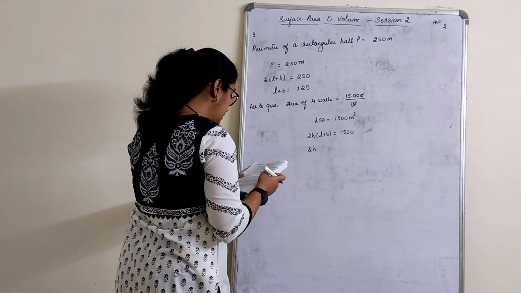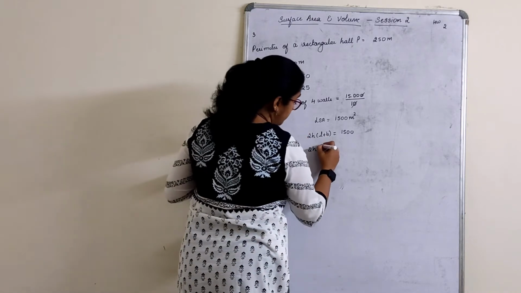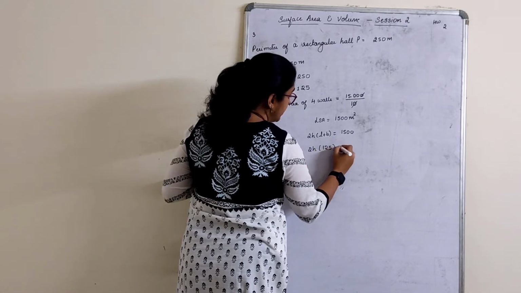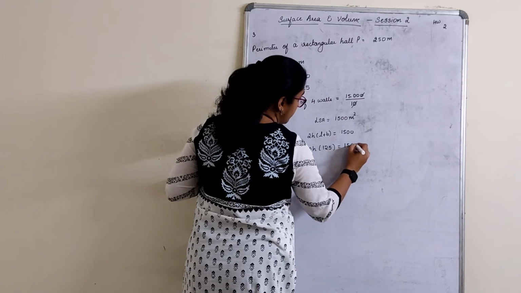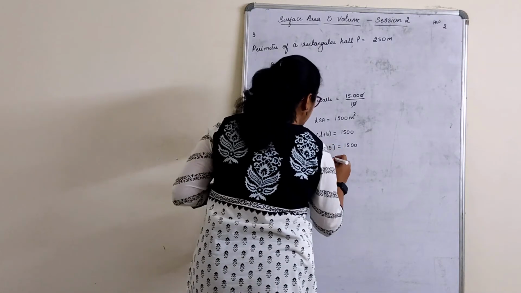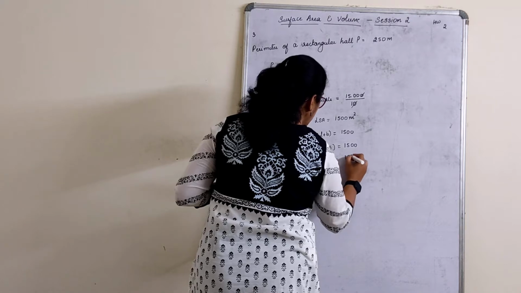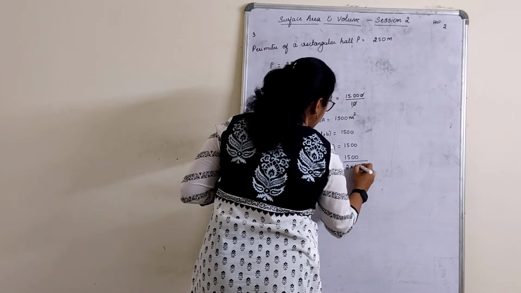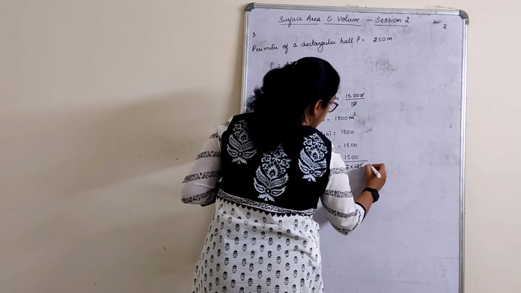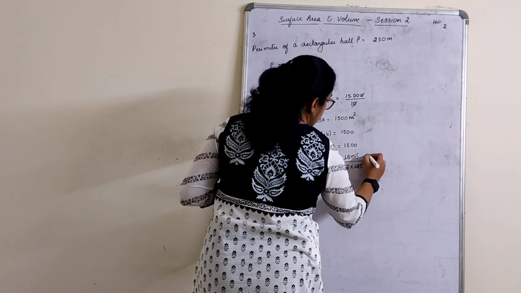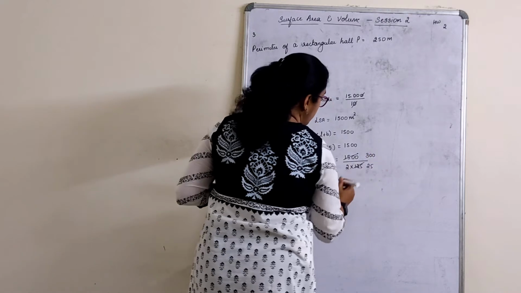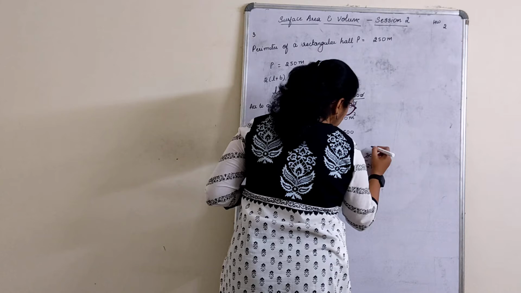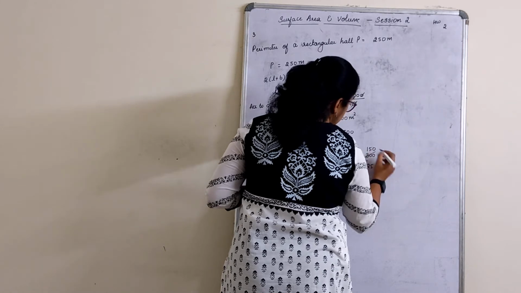2h, what are we supposed to find here? Height of the wall. Of L plus B, I will substitute that as 125. 1500. So, h is equal to 1500 divided by 2 into 125. So 5 25s are 125, 5 3s are 15 0 0. 2 1s are 2, 2 15s are 0.